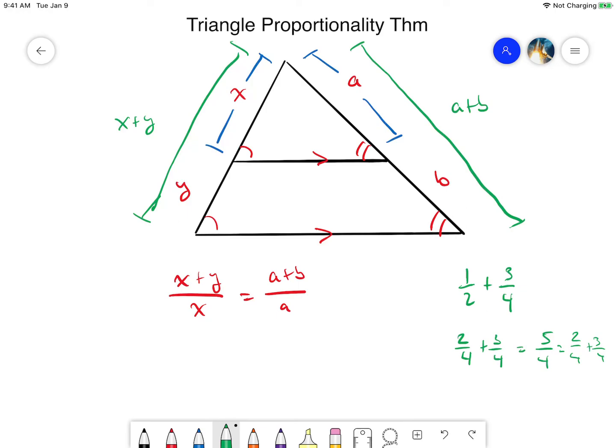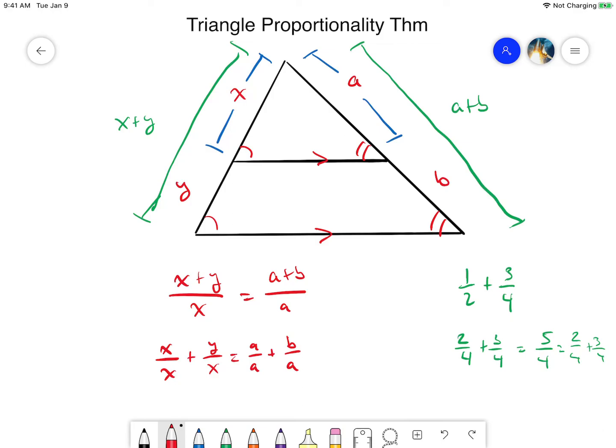So if I have x plus y over x, I can actually rewrite this as x over x plus y over x. And I can do the same exact thing on this side, so I can go a over a plus b over a.